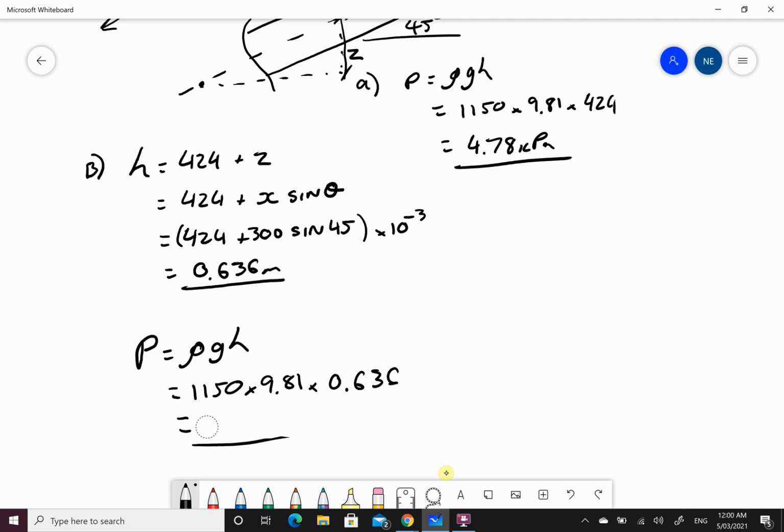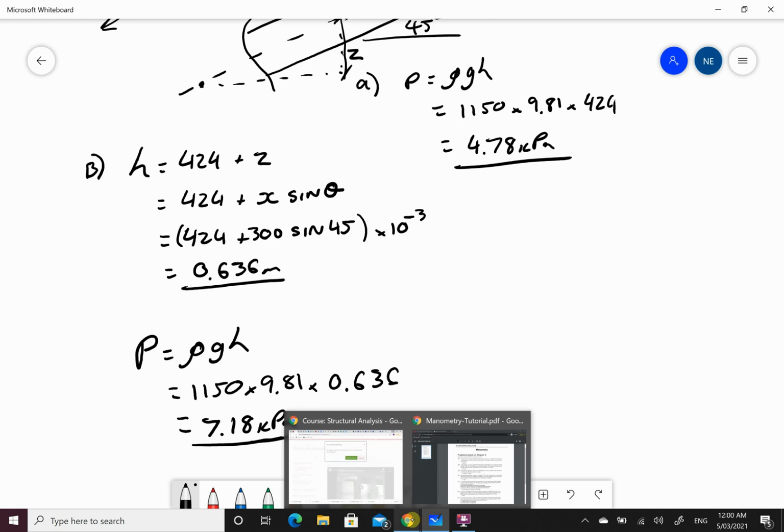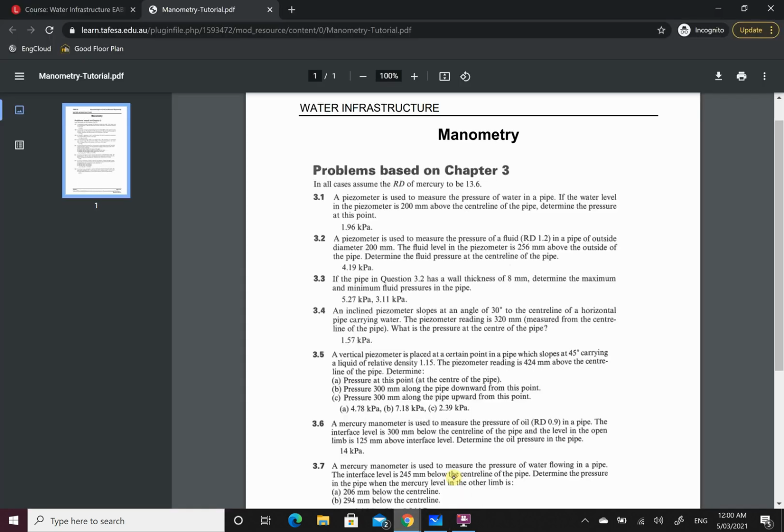No, it doesn't. I cannot use my calculator. Sorry, that should be 7.18 kPa. Cool. That's better, 7.18.